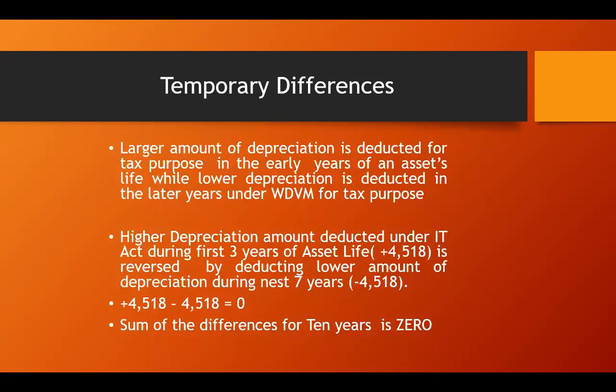Next, a larger amount of depreciation is deducted for tax purposes in the early years of an asset's life, while lower depreciation is deducted in the later years under the WDV method.